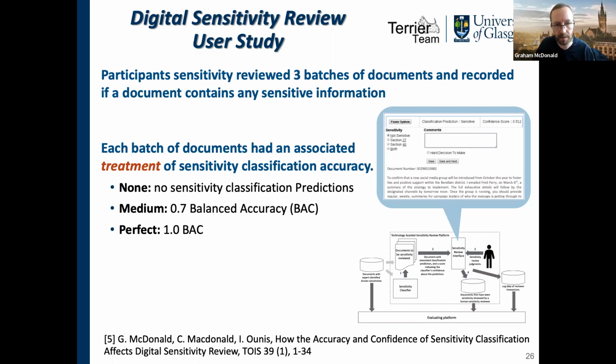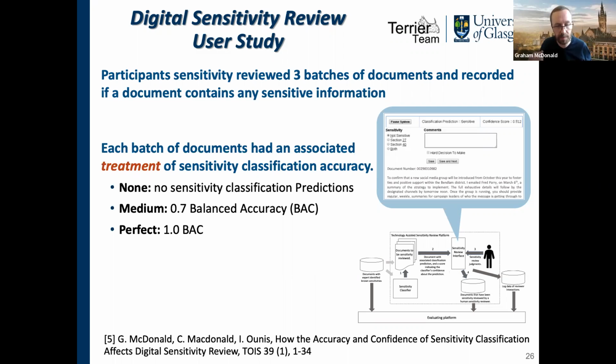So this is just a little illustration of how it was set up. The participants were provided a web-based system, and if you look in the blowout of the user interface, you see at the top we have a classification prediction, either sensitive or not sensitive, and a confidence score of the classifier.